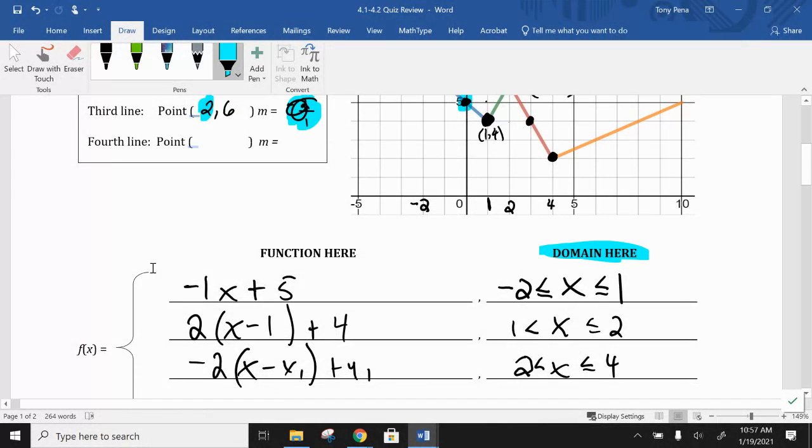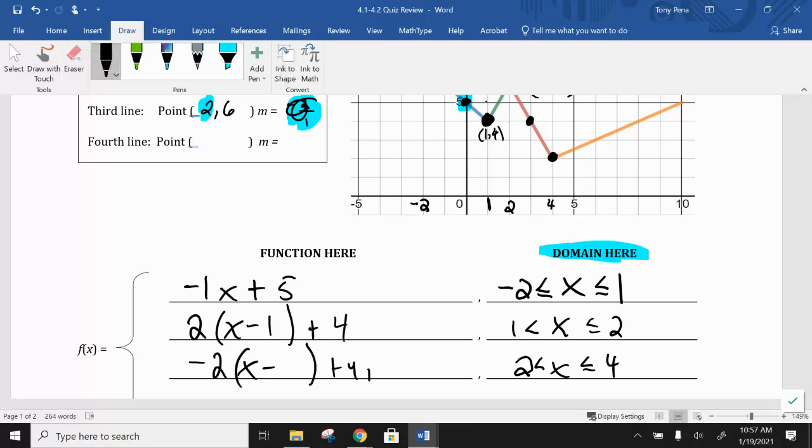So there goes the x, and I'm going to replace that with a 2. And then the 6 is my y-coordinate, so that's going to go right here. And that's our equation. Okay. Any questions on that? Any issues with that?